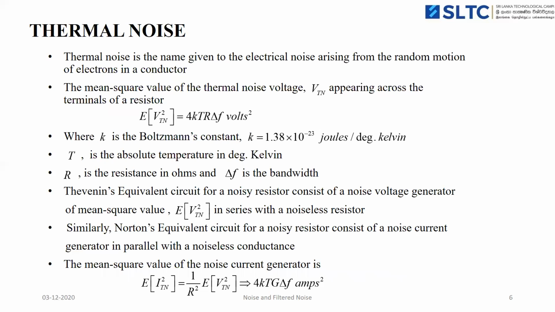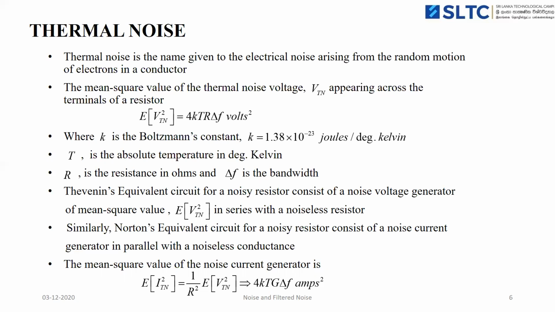The short noise actually comes from electronic devices, for example a diode, transistor or photodetector, due to current fluctuation in the electronic devices. Next, we are going to discuss another type of noise component, the thermal noise component. The thermal noise component arises from the random motion of electrons in a conductor.